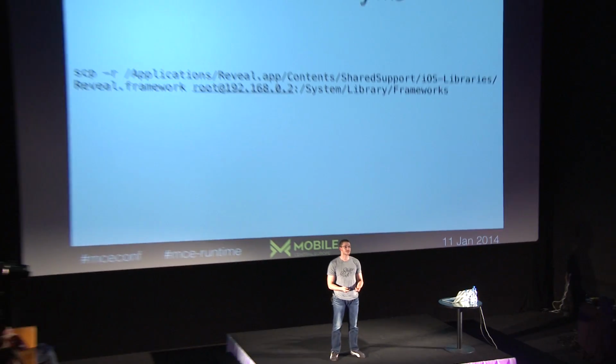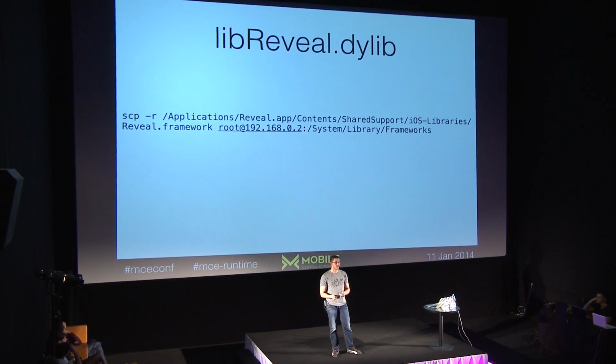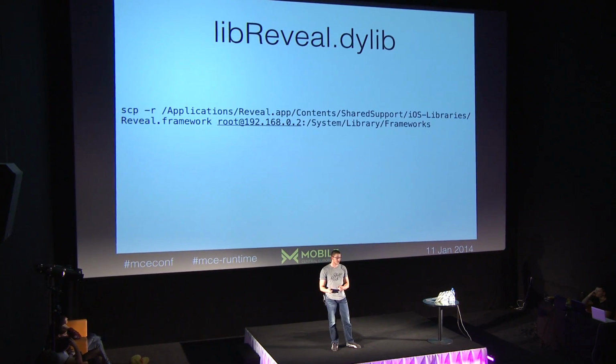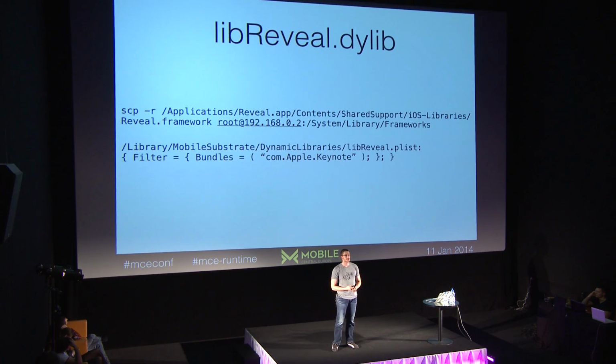But what we want to do is use this loading facility to load libreveal into the other apps. So the first step is that we actually have to get Reveal onto the device. We use SSH and copy the libReveal dynamic library into the system library frameworks of our jailbroken iPad. The next step is that we create a filter.